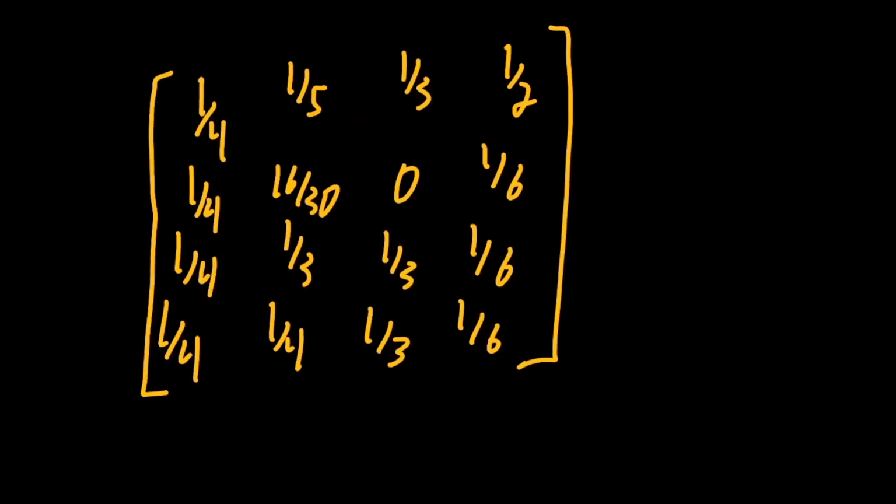Okay, so let's say we're given this matrix, a 4x4, and they're all fractions. That's okay. As far as we can tell, these fractions are between 0 and 1, so it satisfies the first rule determining a stochastic matrix. Now the next concern is whether or not each column adds up to 1. In the first column, 1/4 times 4 equals 1. And in the second column, we have to find a common denominator.